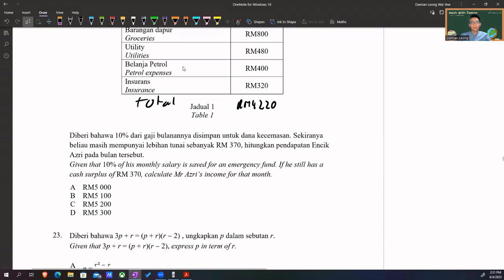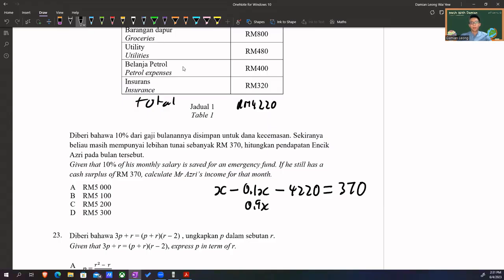So let's put X as his income. X minus 10% of X, means 0.1X, minus the total expenses will equal the cash surplus, 370.